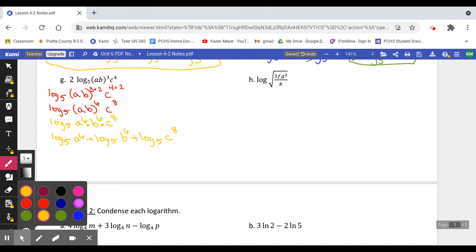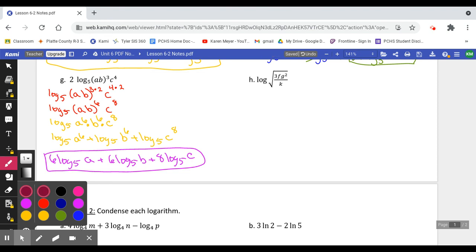Then I get to move my exponents out in front to be done. 6 log base 5 of A plus 6 log base 5 of B plus 8 log base 5 of C. Done.